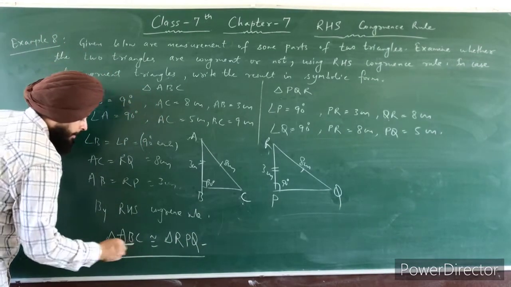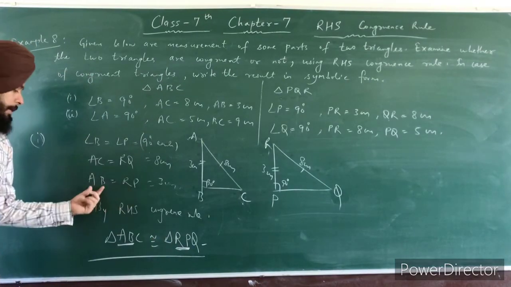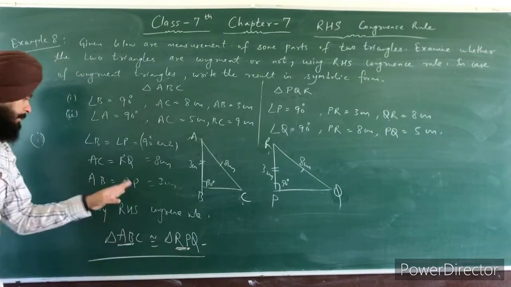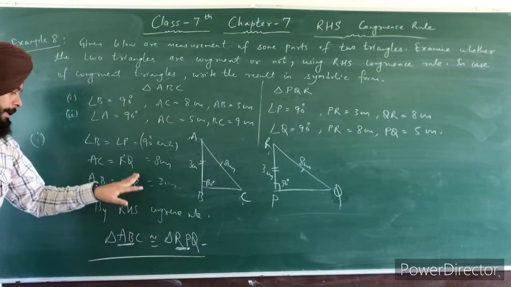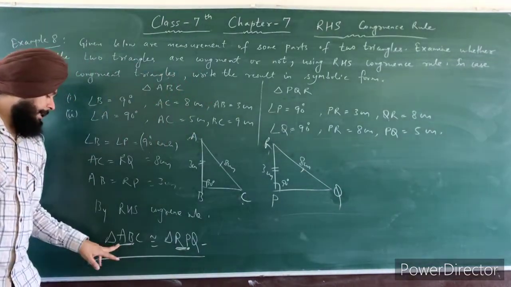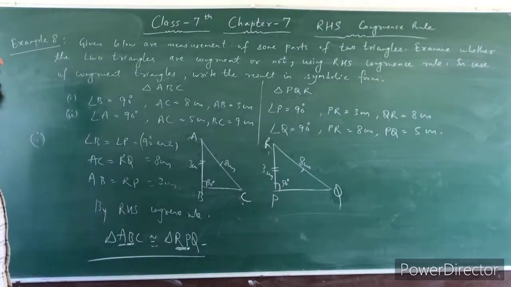Because side AB corresponds to side RP. So I will write first AB, and on the right side write RP. The third is which one? C vertex, and on the other side which vertex is left here? Q. So the triangle name is ABC congruent to triangle RPQ. So this is your first part.